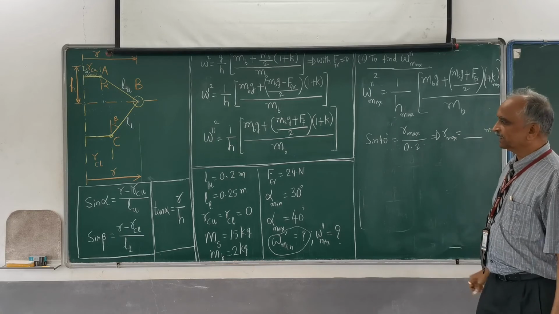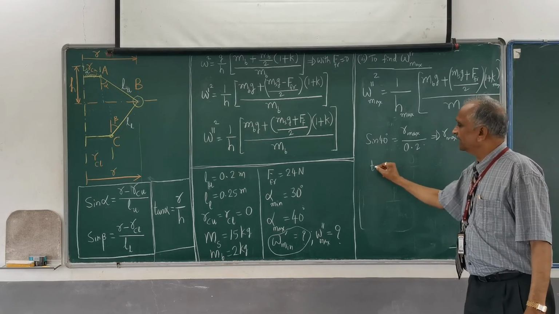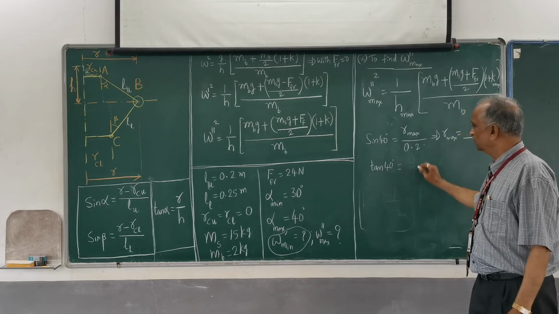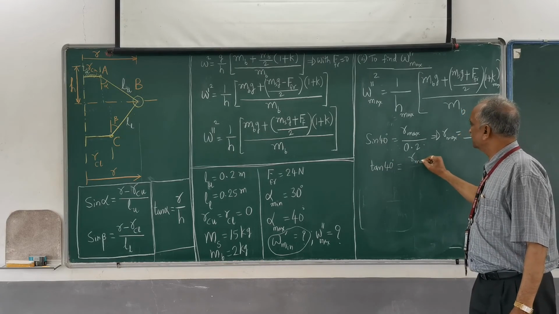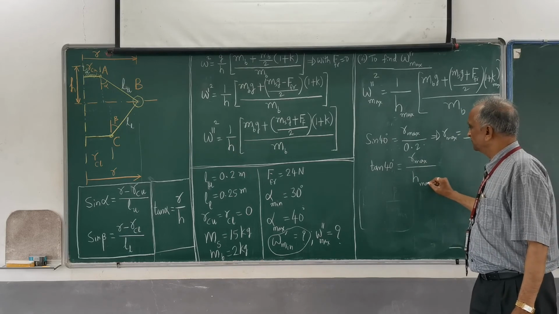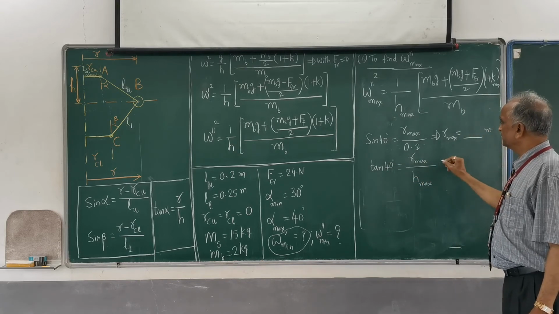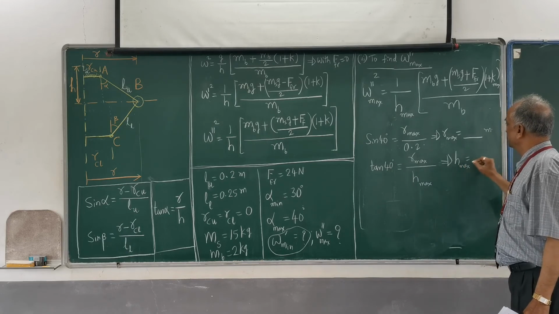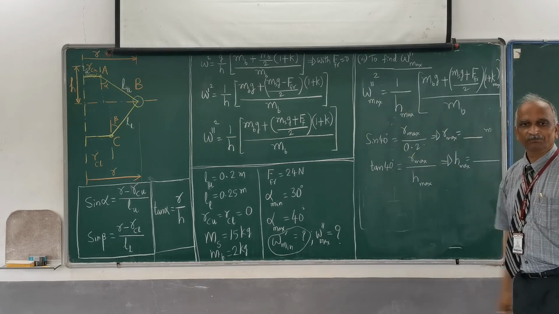Then you can write tan alpha max, that is tan 40 degrees, is equal to R max, whatever value you have got here, divided by H max. Knowing this, you can easily find out H max. This value is now known.